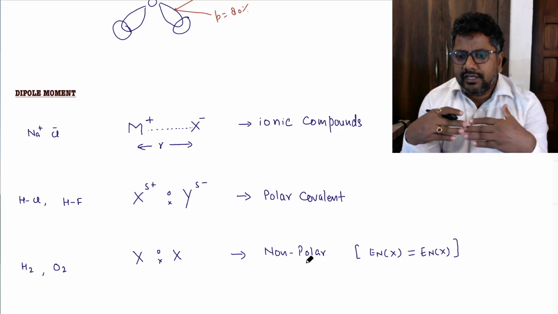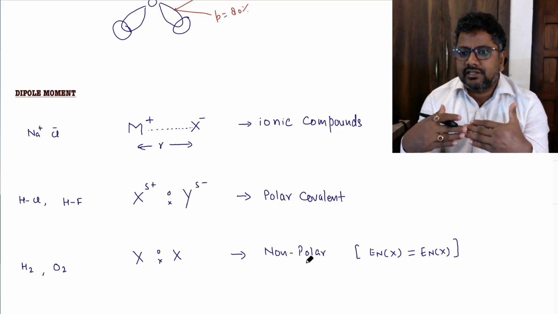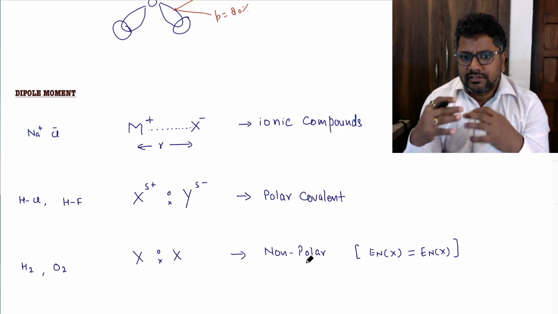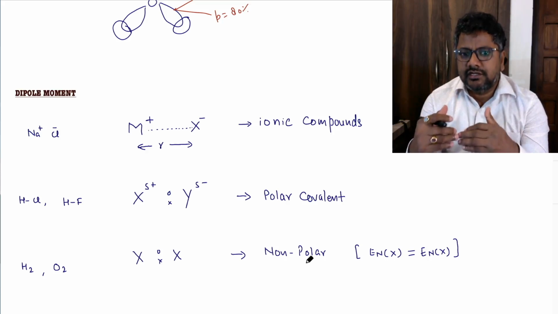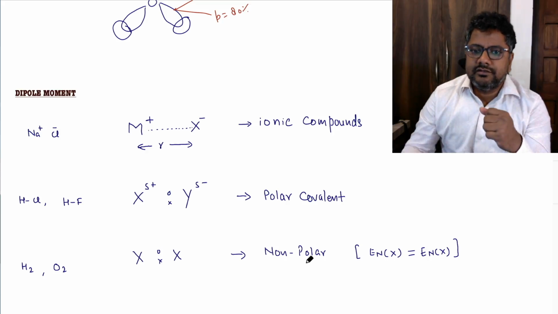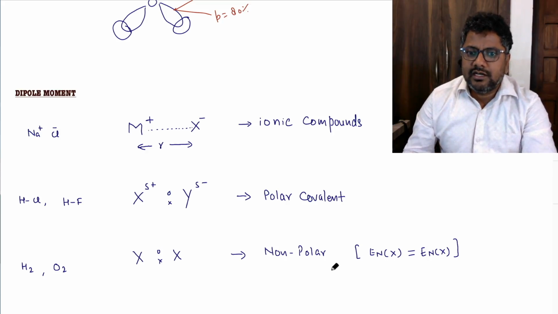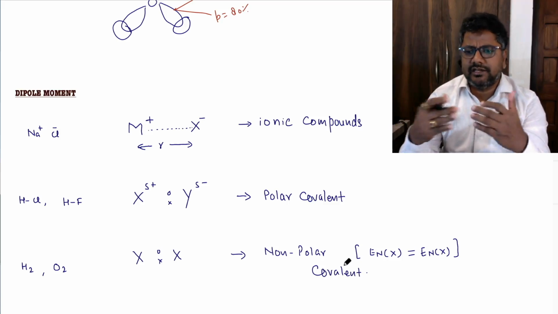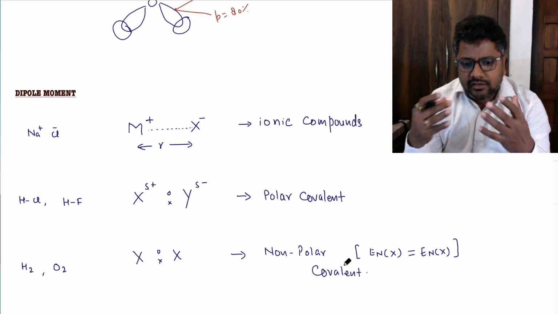So broadly we have three kinds of molecules: ionic, polar covalent, and non-polar covalent. Ionic compounds have variable ionic or covalent character.